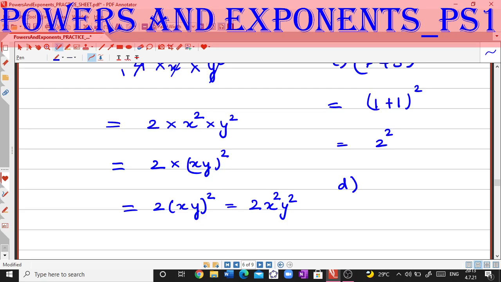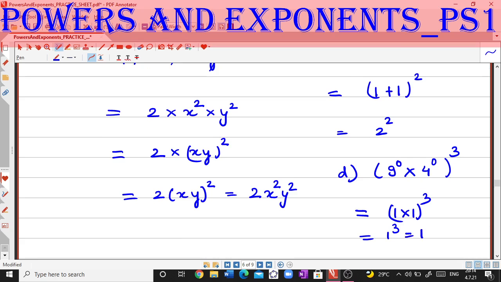Now the D. It's 9 to the power 0 multiplied by 4 to the power 0, whole to the power 3. So 9 to the power 0 is 1, 4 to the power 0 is 1, whole to the power 3. So that is 1 to the power 3, that means 1 only. And 2 to the power 2 is 4.